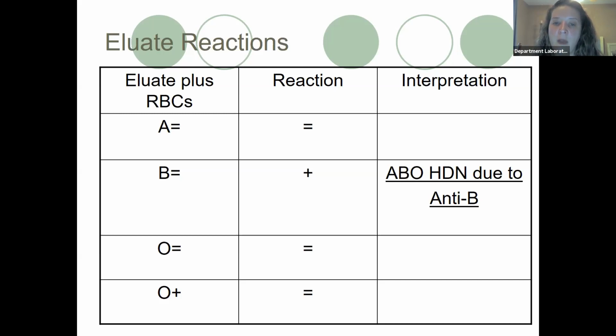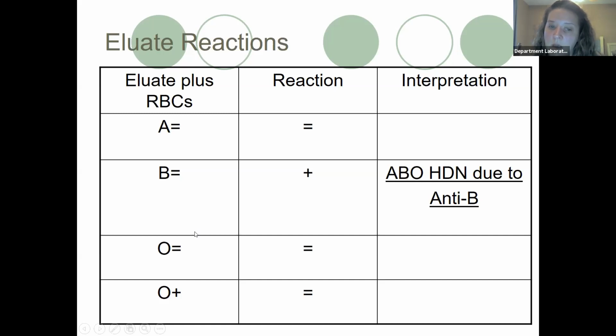So if you have positive reactions due to ABO hemolytic disease of the newborn, that is why our DAT tends to be very weak when it's related to ABO, okay? And at the end of this lecture, I believe we have a comparison between ABO hemolytic disease of the newborn and hemolytic disease of the newborn due to another IgG antibody. Your DAT is very much stronger when it's another true IgG antibody, okay?